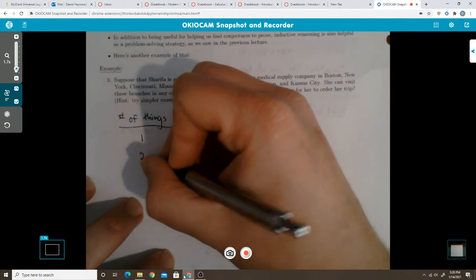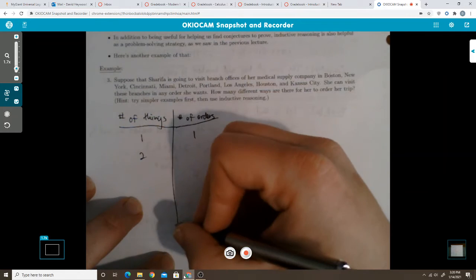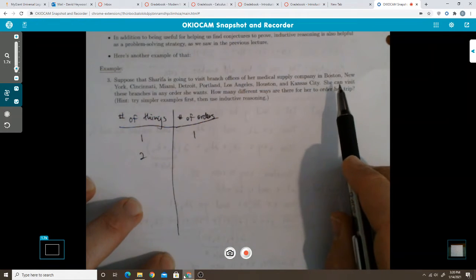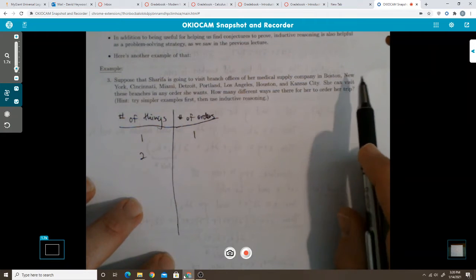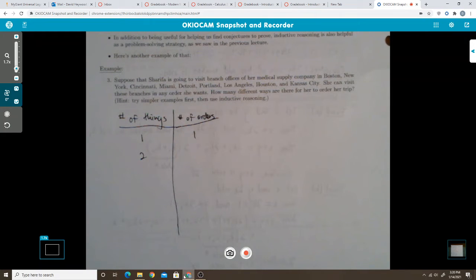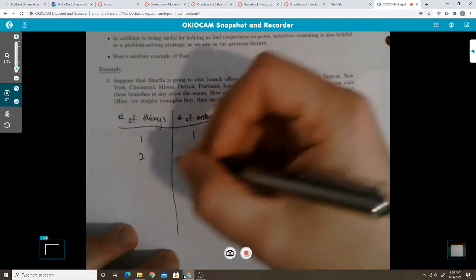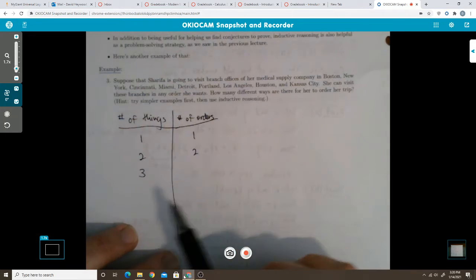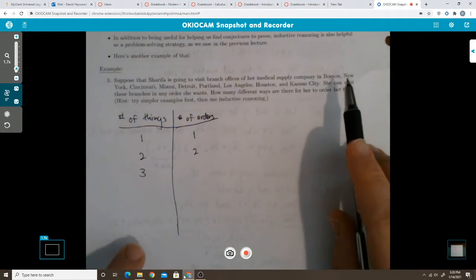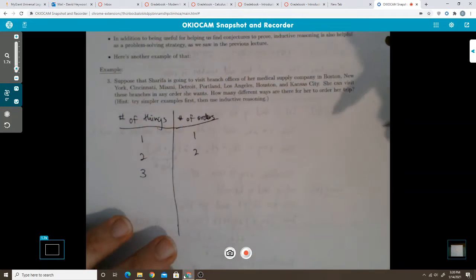What if you have 2 things? How many ways are there to put 2 things in order? Let's say you have Boston and New York. Just those 2 cities. How many ways can she go? Well, she can go to Boston first and then New York, or she can go to New York first and then Boston. So there are 2 ways to do that. What if you have 3 things? In this case, 3 cities, Boston, New York, and Cincinnati?